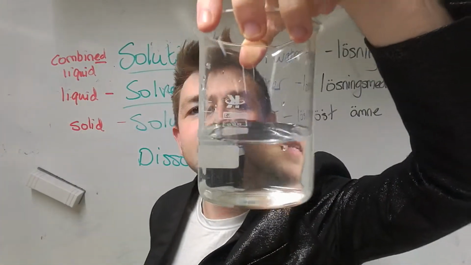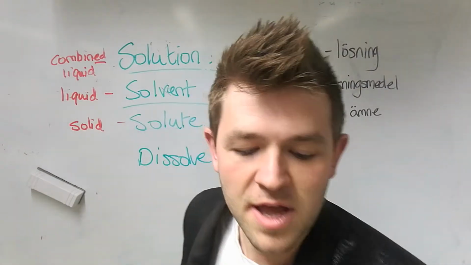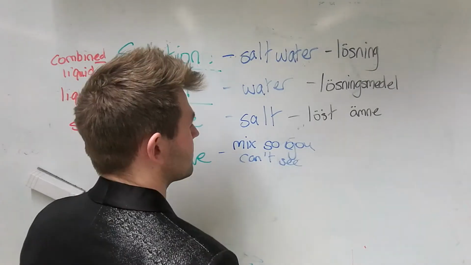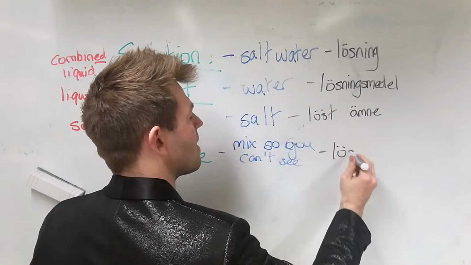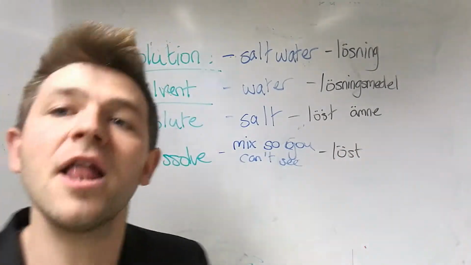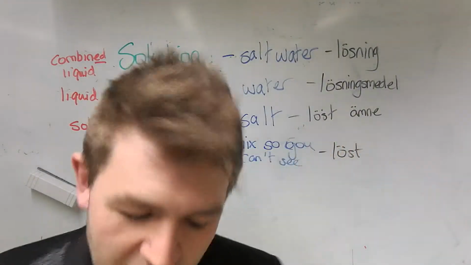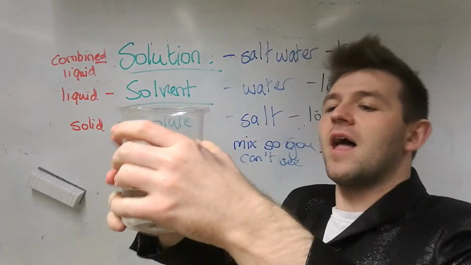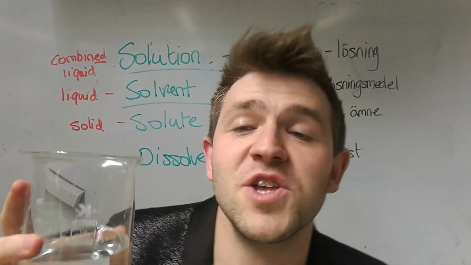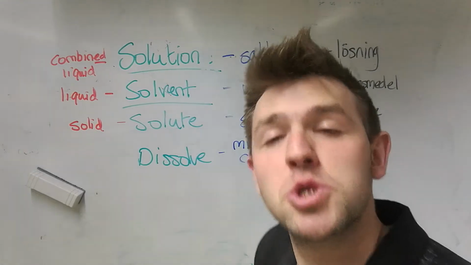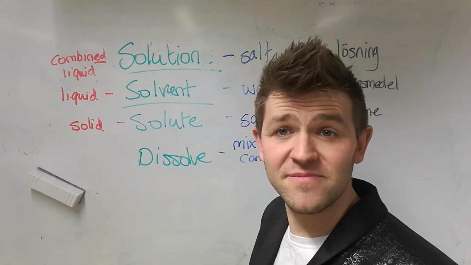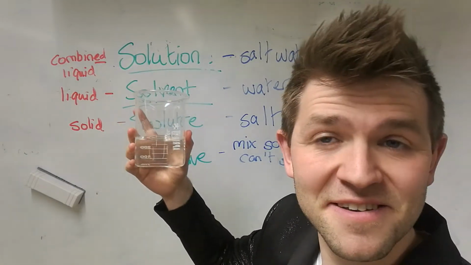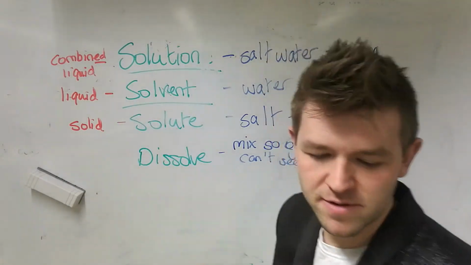I can't see my salt. It has dissolved. Or, I would say, they are löst. They are löst upp sig. The bits of salt are going around all of this water in pieces that are so small we can't see them. It's amazing. That is what I see right here. That is what is going on.